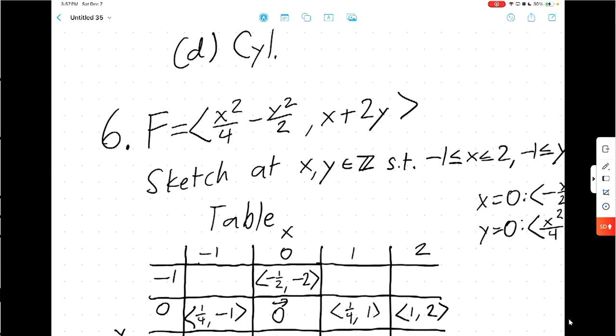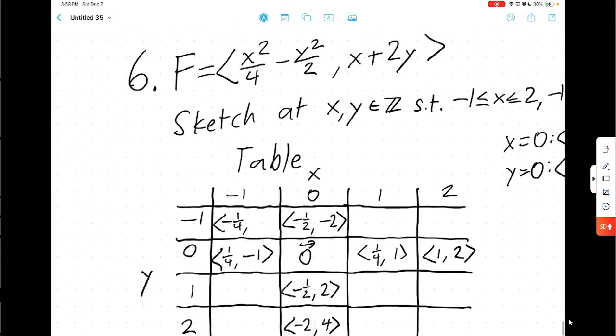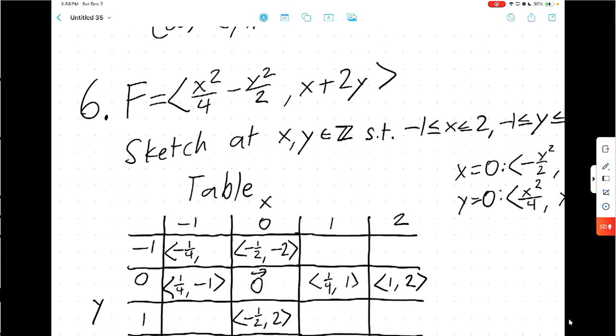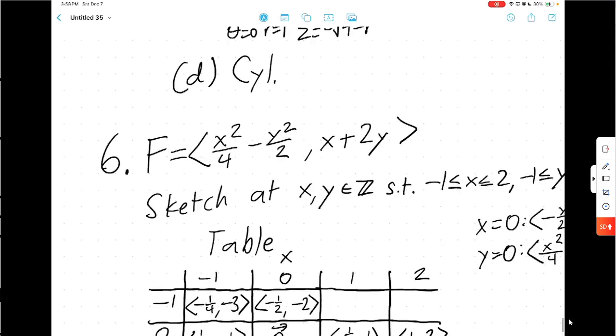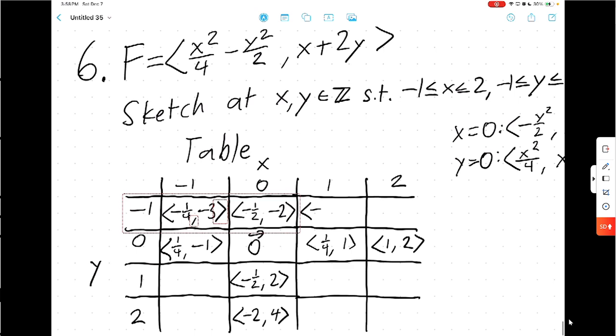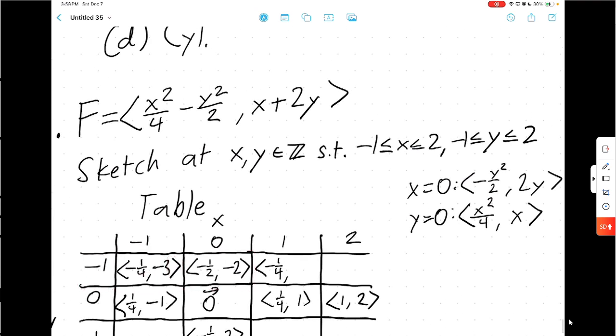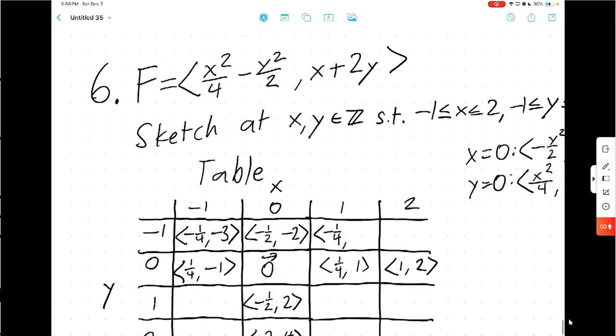So -1, -1, these squares are going to be helpful here. We can get 1/4 minus 1/2. That's going to be negative 1/4. We have -1 minus -2, so this is going to be -3 for the y component. At 1, we're also going to get -1/4 because this is even. Except this time, x is equal to 1 and y is equal to -1, so we're going to get 1 minus 2, -1.